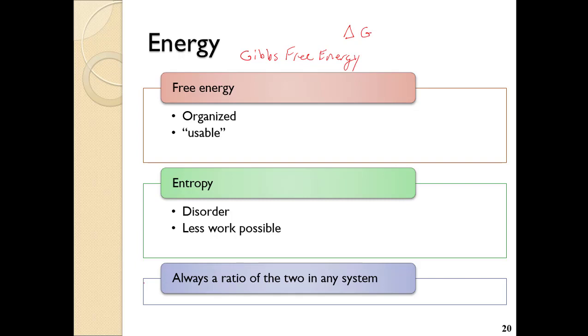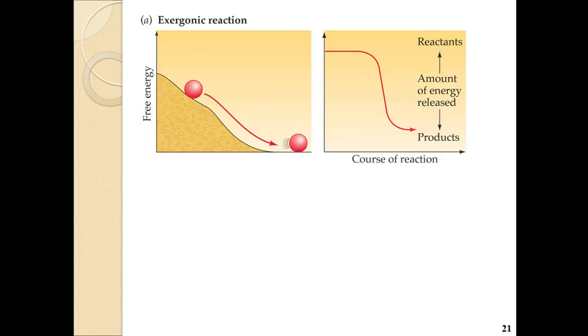This leads to a couple of reaction types that I want you to know. The first is an exergonic reaction. So the term is shown up here, so you should understand this. An exergonic reaction is a reaction that releases energy. So the free energy in an exergonic reaction is negative. All right. So our Gibbs free energy in an exergonic reaction is negative.